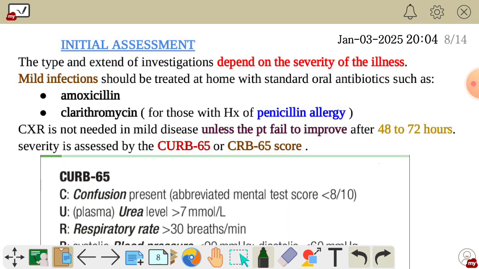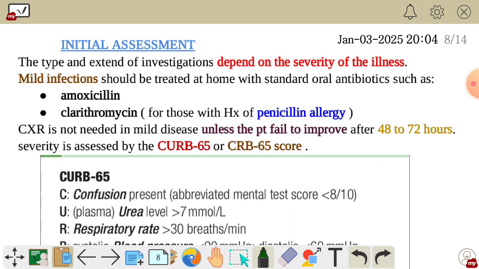So the patient will be treated as an outpatient with standard oral antibiotics such as amoxicillin, and clarithromycin for patients who are allergic to penicillin. Okay, so for mild infections, you just treat the patient as an outpatient. Okay, so you treat the patient at home using amoxicillin or clarithromycin.